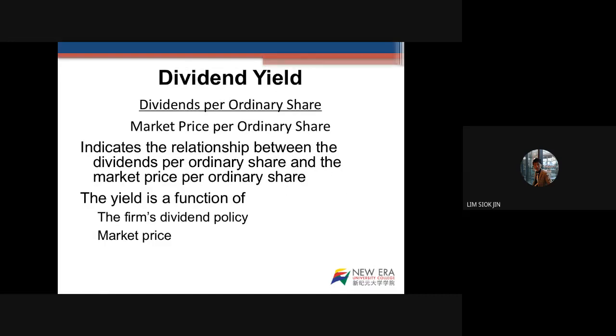So the next is we call with the same information that we have, we find dividend yield. So what is the meaning of dividend yield? Okay, for example, for every piece of pizza that you buy, you get a free topping. Okay, so different companies that you can buy pizza, they give you different amount of topping.